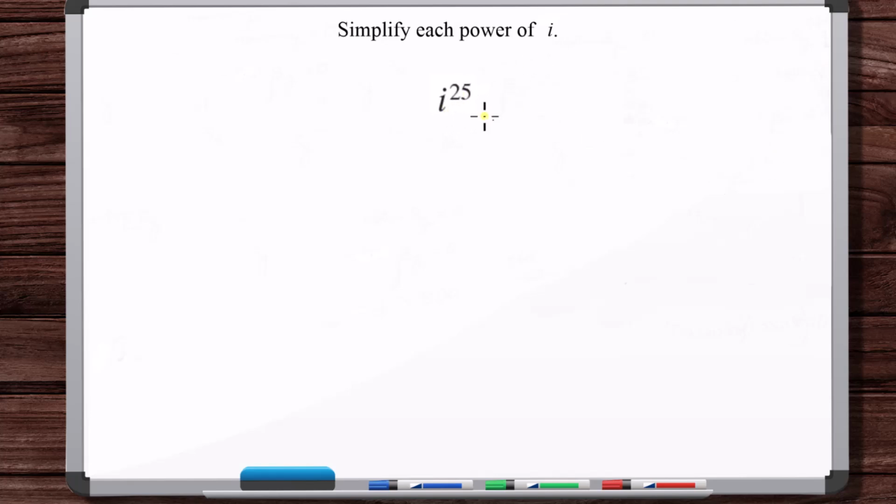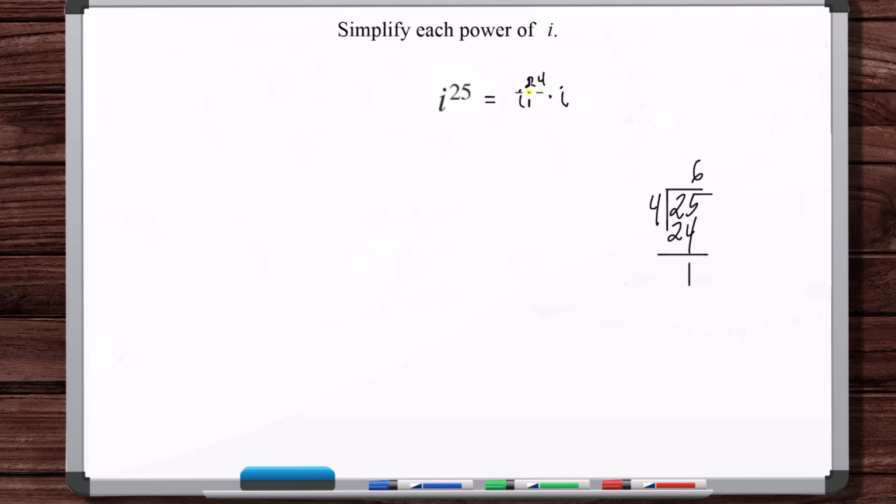For example, 25: you divide 25 by 4. 6 times 4 is 24, so it's 6 with a remainder of 1. The remainder is always going to be between 1 and 3, because you're dividing by 4. So you write this as i to the 6 times 4, which is 24, times just i to the first.